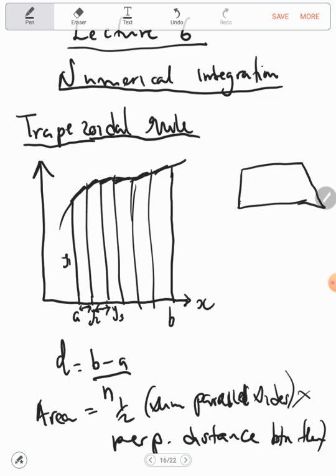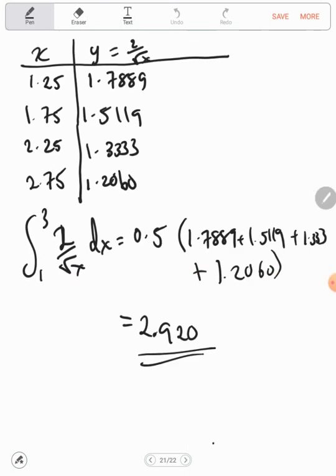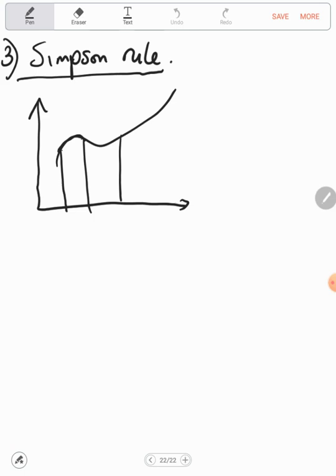So we approximate those to be straight lines, but with the Simpson rule, we take note that these are not straight lines, but they are parabolas. But we still have the same distances, and it's from A to B.